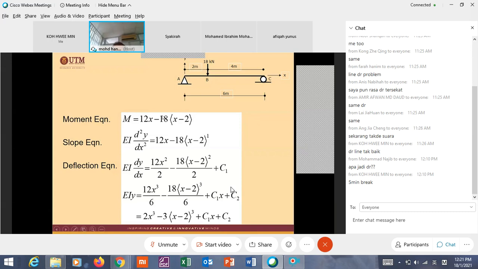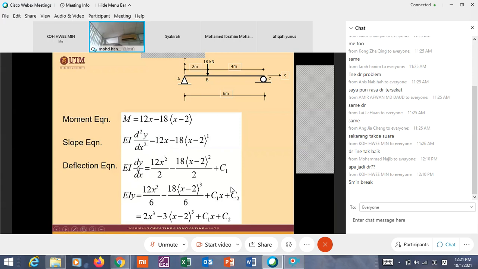Okay, so remember when x minus 2 in this bracket is negative, neglect this term. Okay, so now the slope equation is the integration of M. Yeah, integration of M. Deflection, sorry. This one is actually moment, slope, deflection.